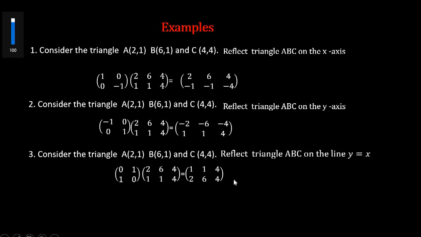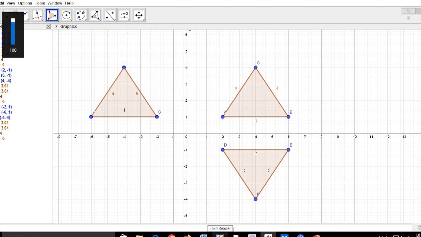Let's display that graphically. The point (2, 1) becomes (1, 2) if it is reflected on the line y is equal to x. (6, 1) becomes (1, 6), and (4, 4) is still maintained as (4, 4).